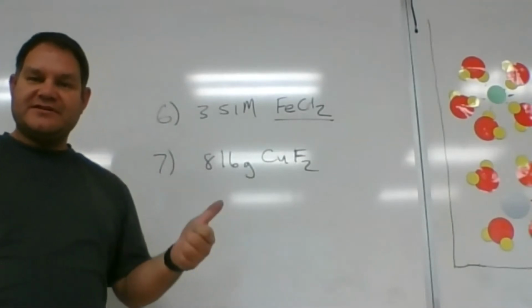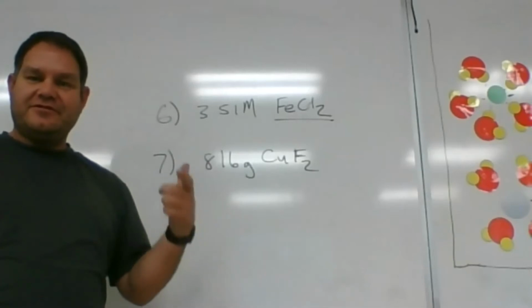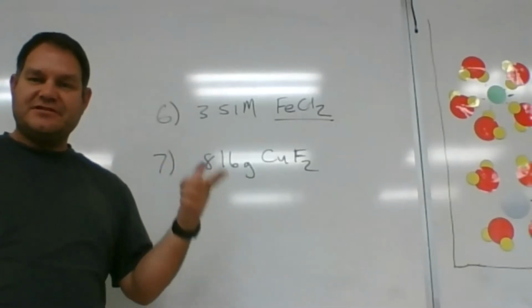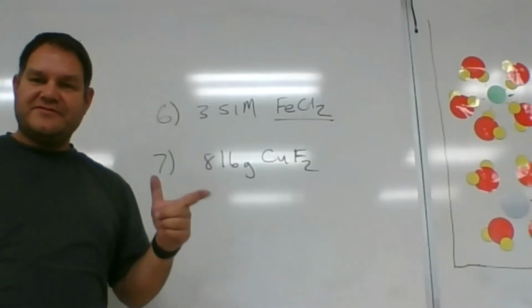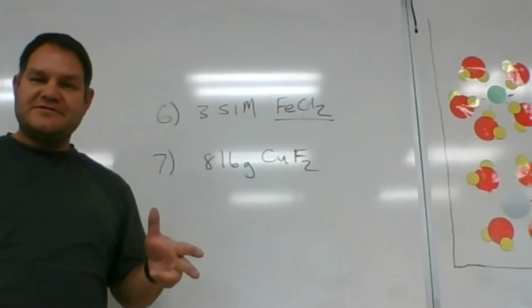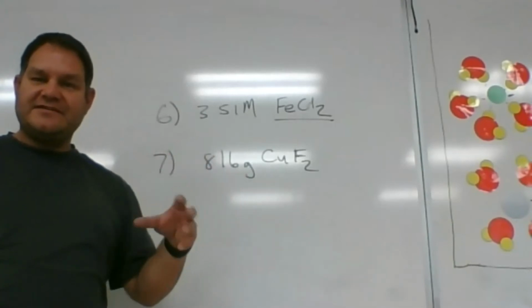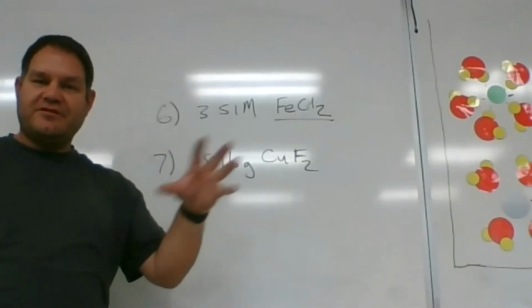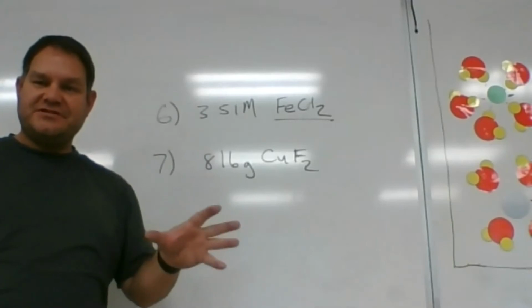We've learned what a solution is. We've learned the components of a solution, solute and solvent, the parts of a solution. We've looked at some particle diagrams of dissolving a salt in water and creating that particle diagram solution.